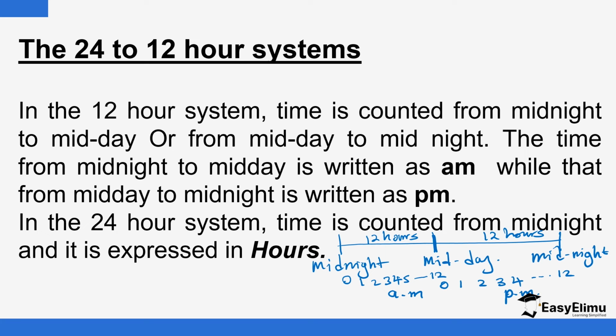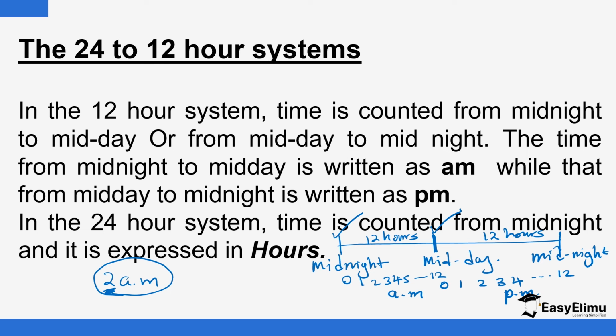So when you talk of, for example, 2 AM, you know this is a time in between midnight and midday, the first half of the day. It simply means we are counting 2 hours from midnight.